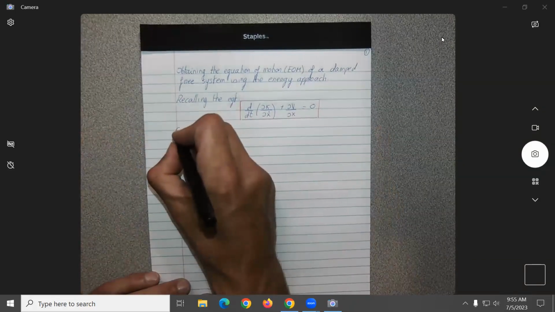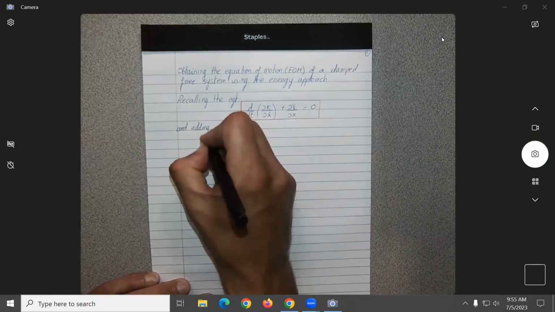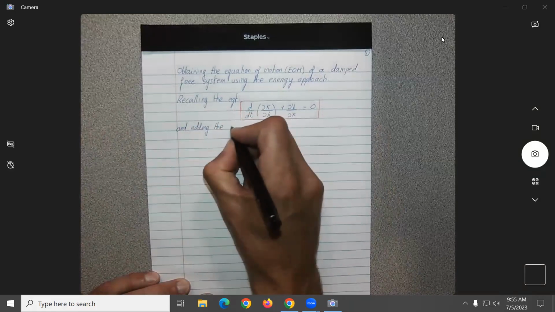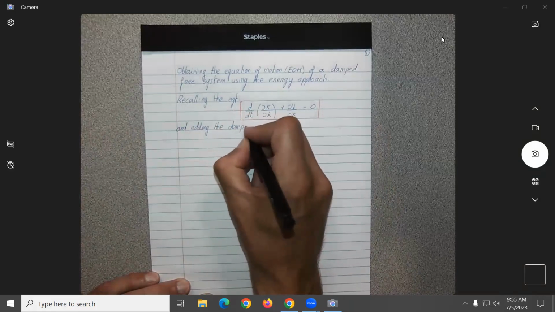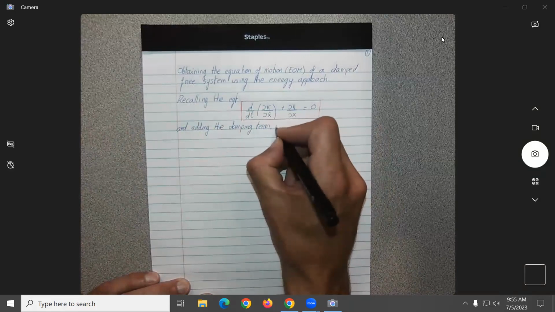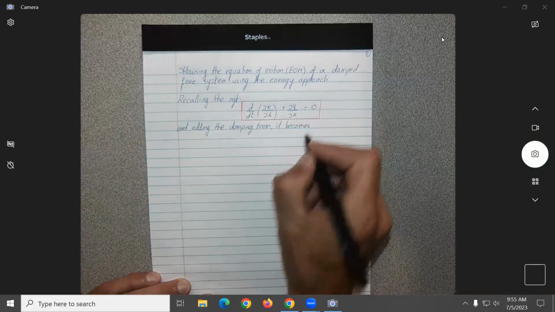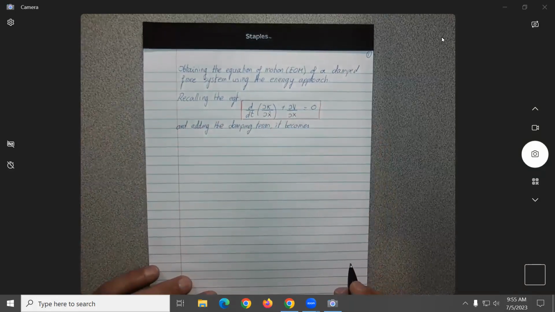Okay, adding the damping term, it becomes what?